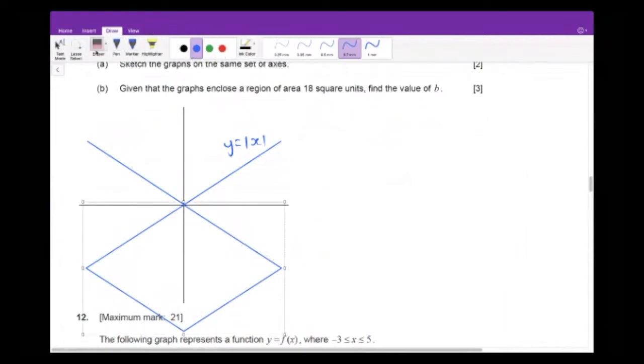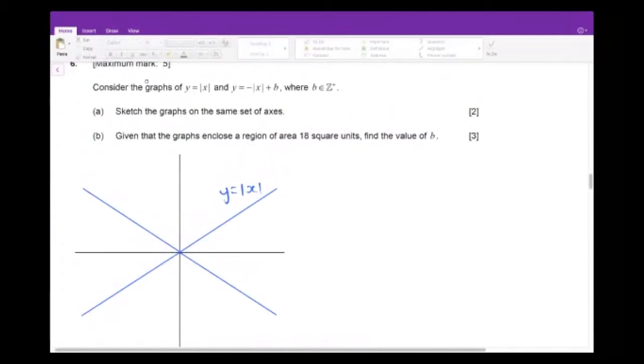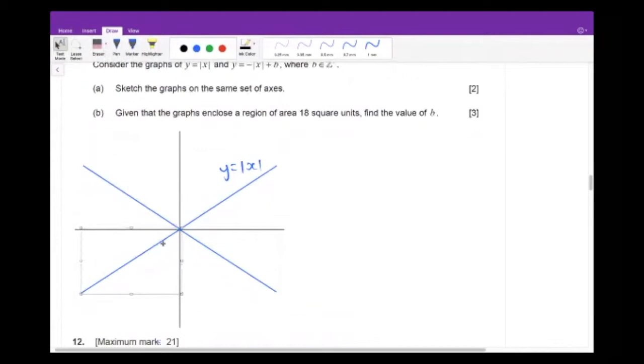But then what we do is we take it and we are translating it up by b according to the question. So if this is going up by b, then I am going to take this and make the intercept, instead of 0, the intercept is now going to be at plus b. So it sort of goes to, say, here.